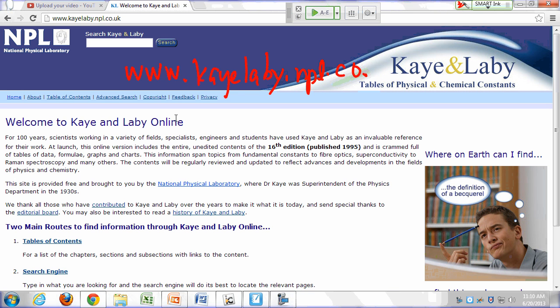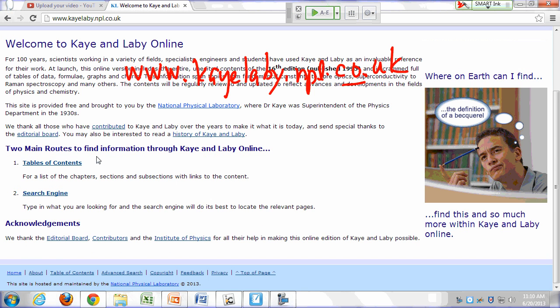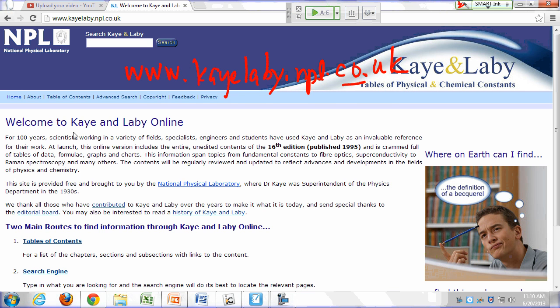CO is what they have, it's like their .com over there, for company, corporate. And if you go to that website, that is where you find a lot of data. So you go to the table of contents.